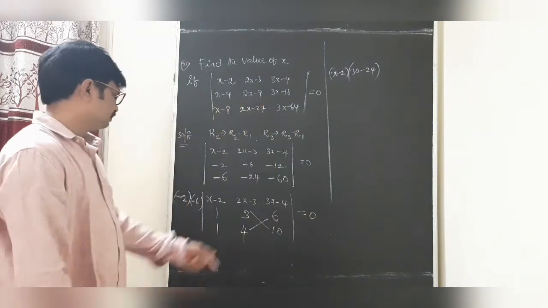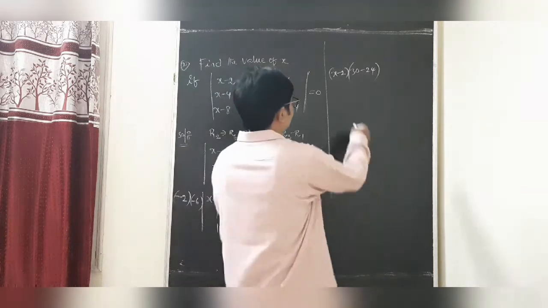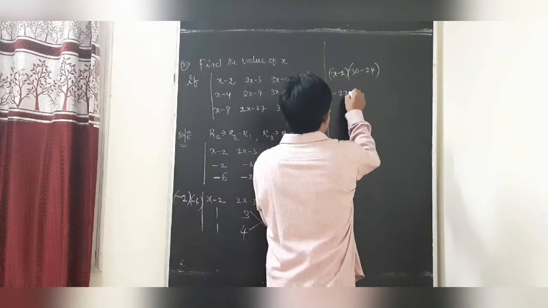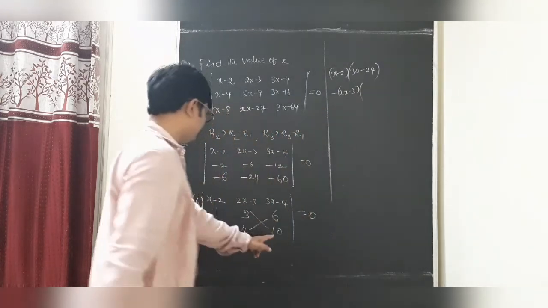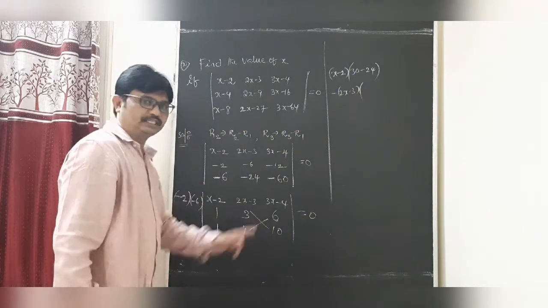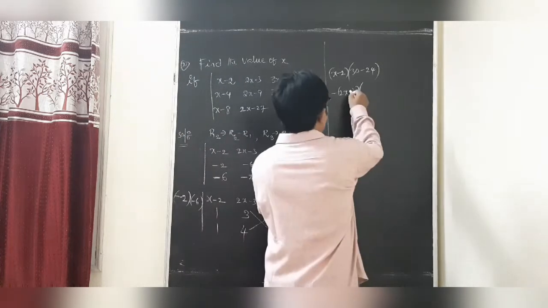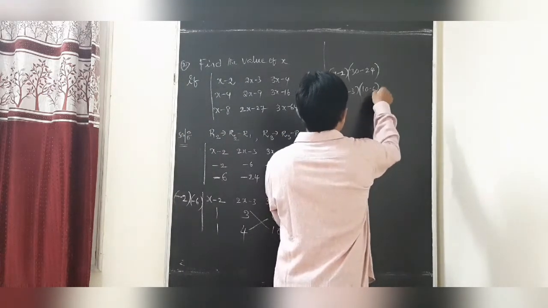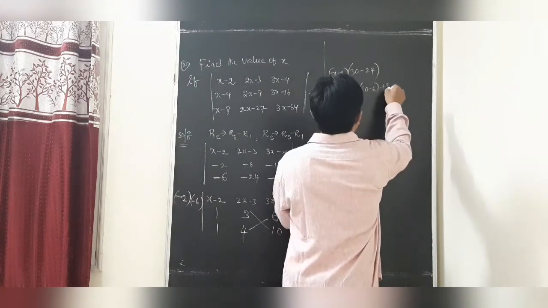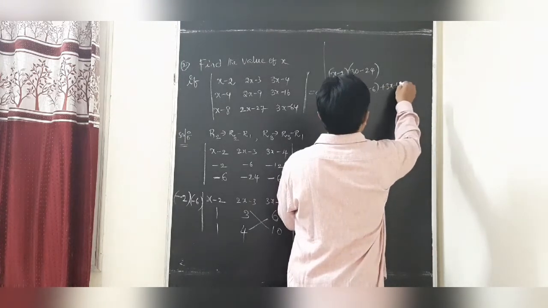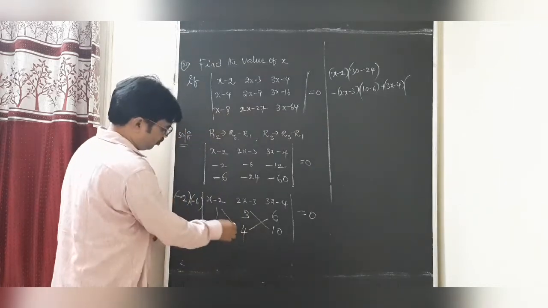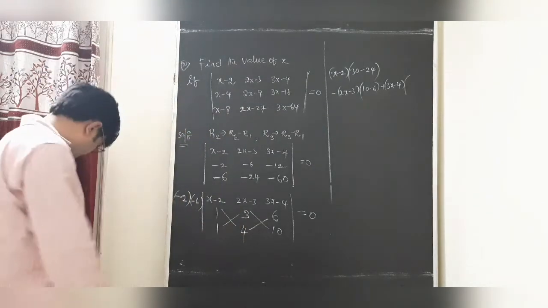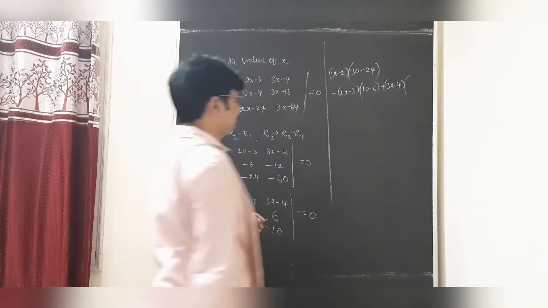After that, students, minus of 2x minus 3 times the minor, 10 minus 6. After that, students, the 3x minus 4 times the minor, 4 minus 3.